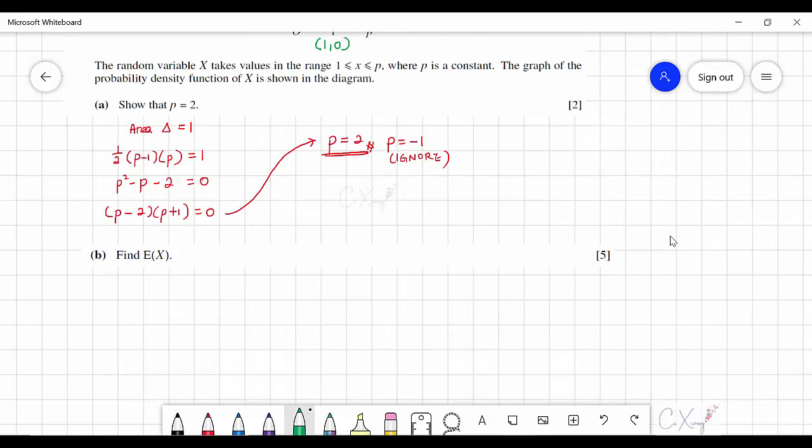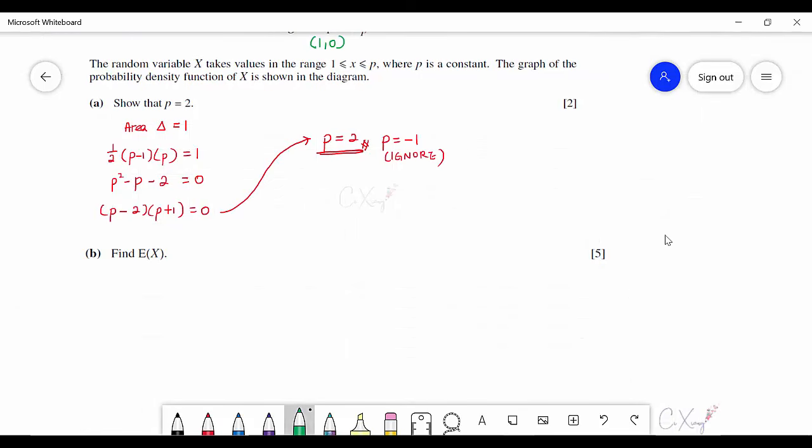Okay, so I will start to write out the steps here. To get the gradient of the line, we have 2 points, 1, 0 and 2, 2. The gradient is 2 minus 0 divided by 2 minus 1, which equals 2. Then to get y, you can use any point.